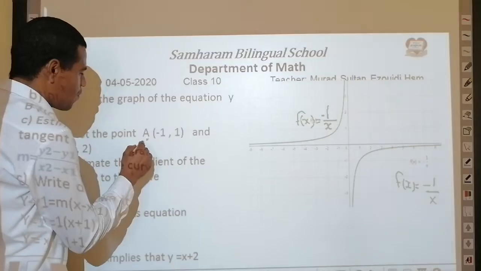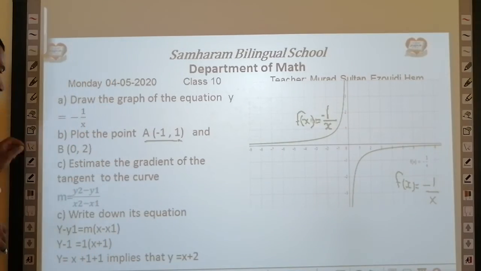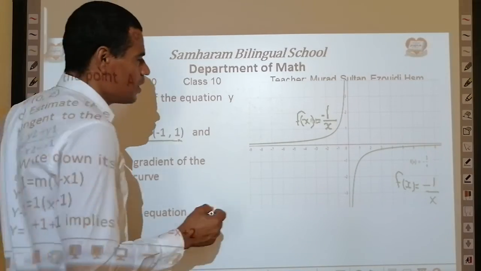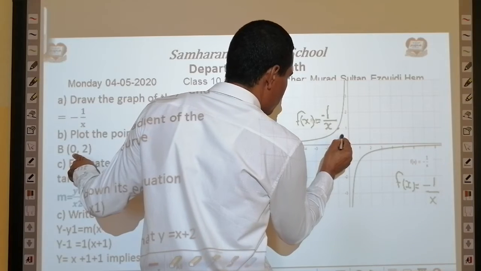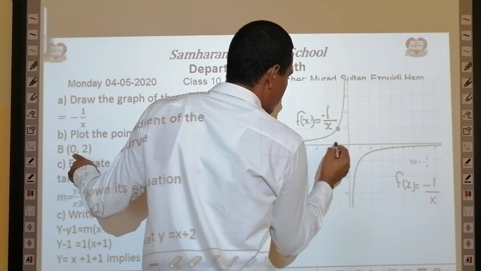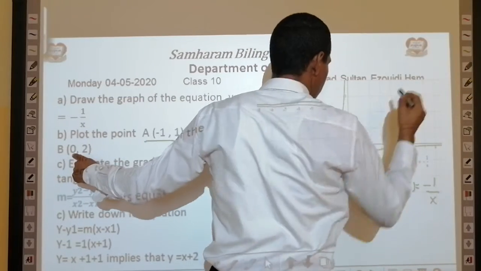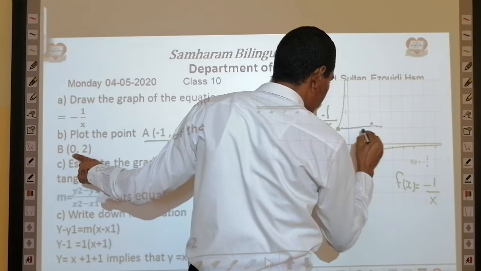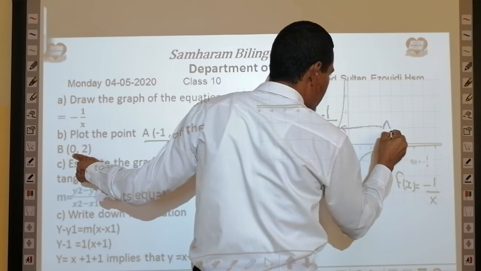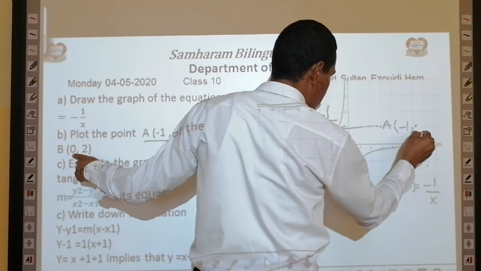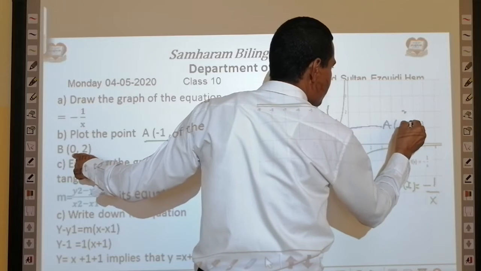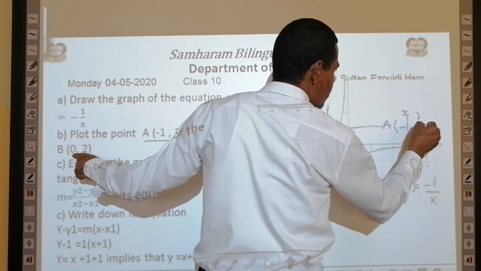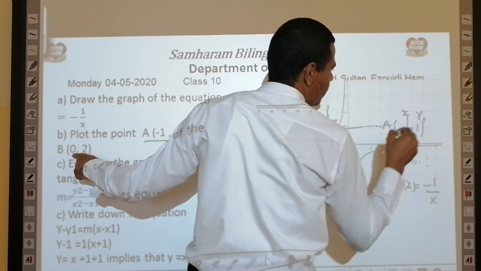Plot the points A of coordinates (-1, 1) and B of coordinates (0, 2). Negative 1, 1. This is the point, my learners. A of coordinates (-1, 1). I will label this x1 and this y1.